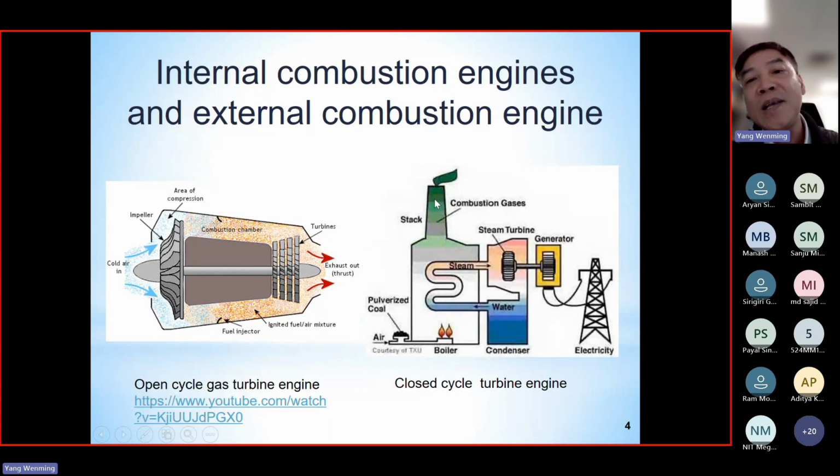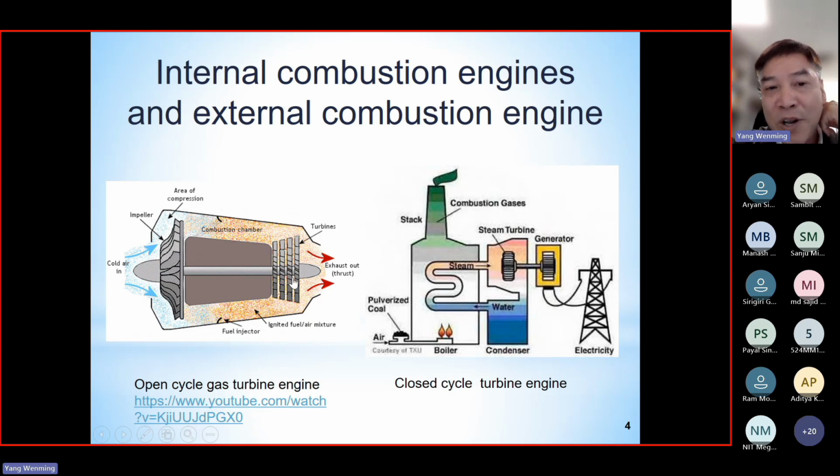So in this case, the working media is steam, it's not the combustion products, right? So the working media does not participate in the combustion process, correct? This is the first major difference between internal combustion engines and external combustion engines.